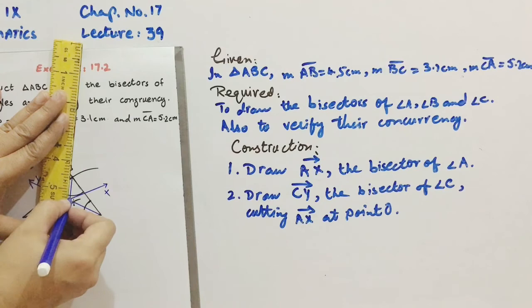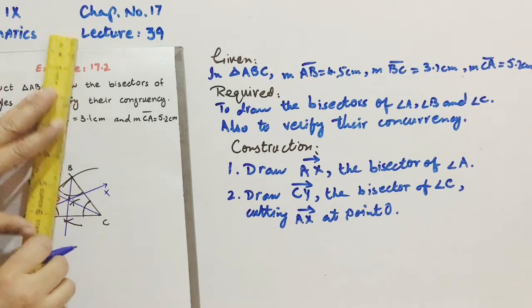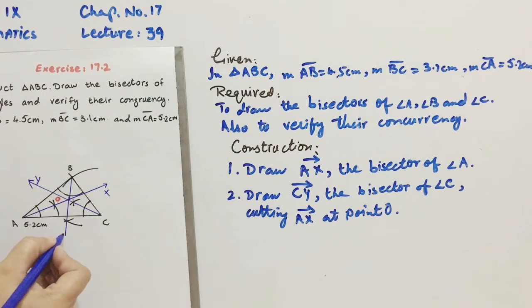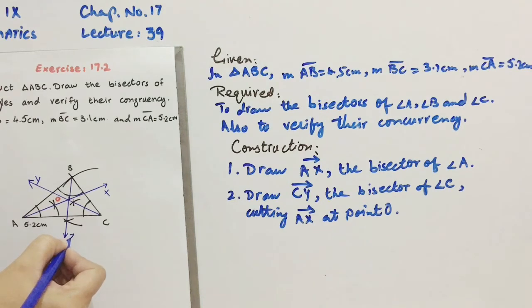Draw the bisector of angle B which passes through point O.